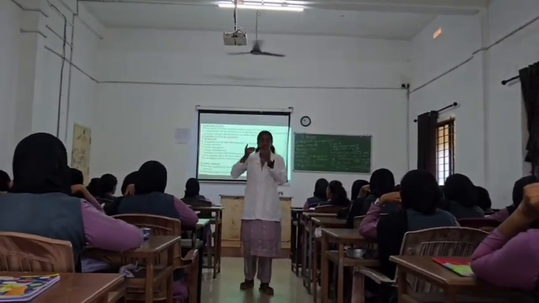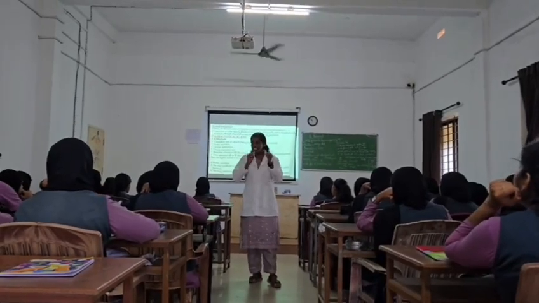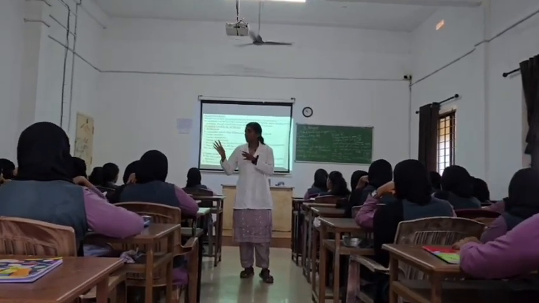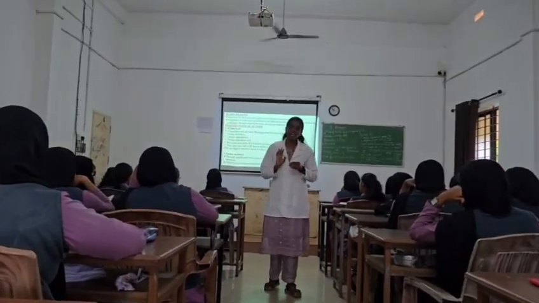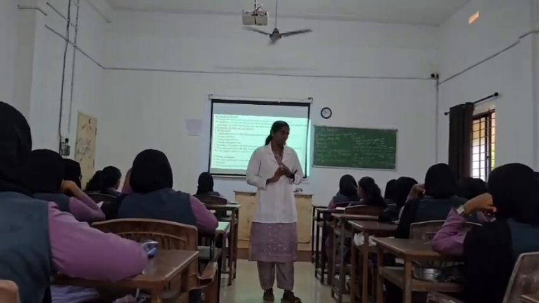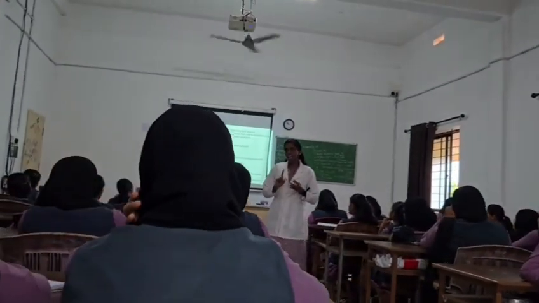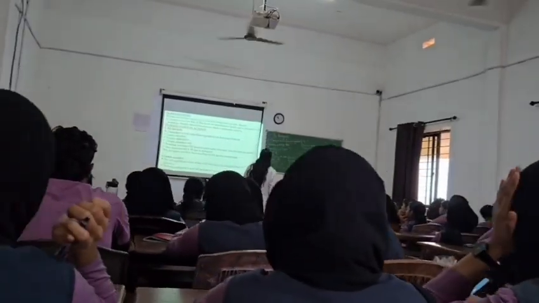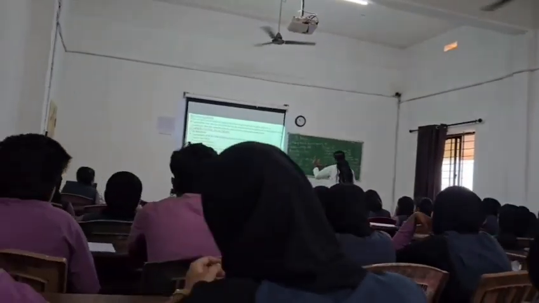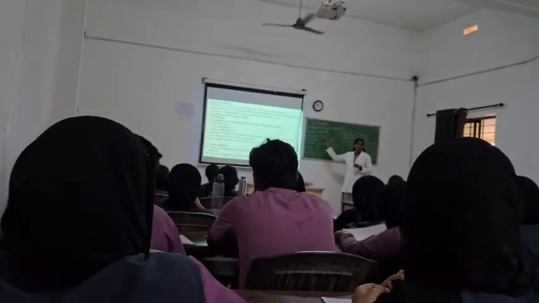So while blocking the H2 receptor, histamine cannot bind to the H2 receptor because it is already filled by the H2 receptor antagonist. What are the H2 receptor antagonists? Cimetidine, ranitidine and famotidine.